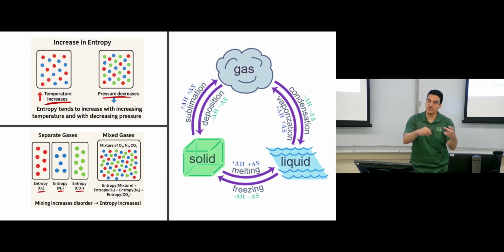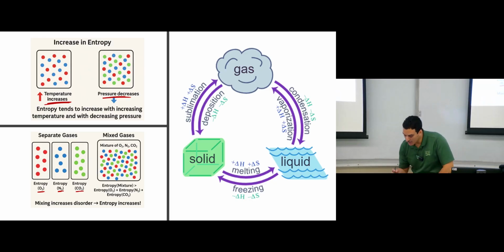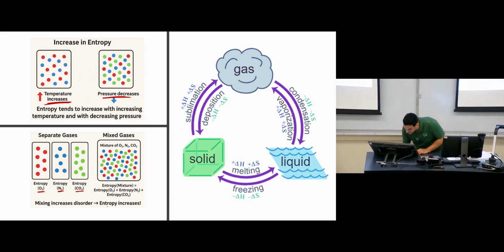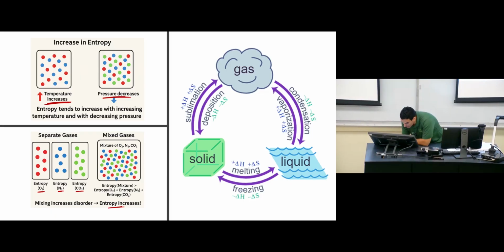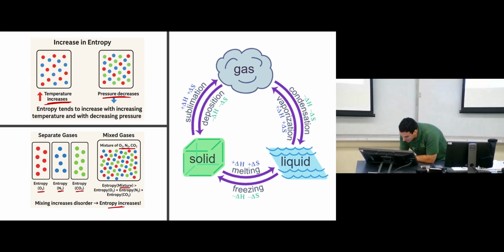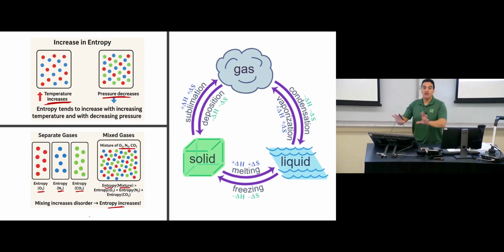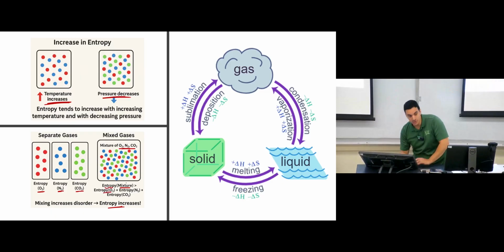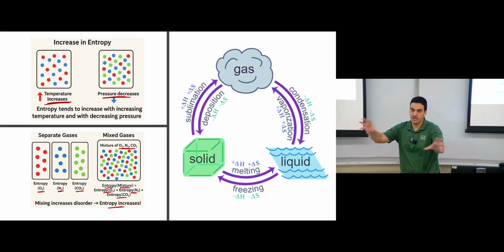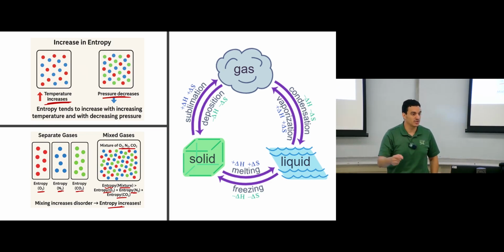If you mix these 3 together to make a mixture, you will see that the entropy increases. The entropy of the mixture of oxygen, nitrogen, and carbon dioxide is more than the entropy of oxygen alone plus nitrogen alone plus carbon dioxide alone. Just put everything together, increase the randomness, and the entropy will increase.